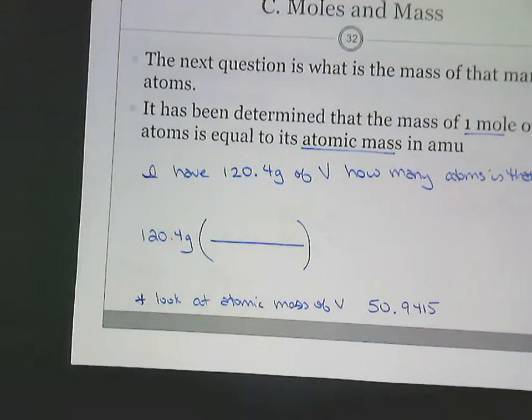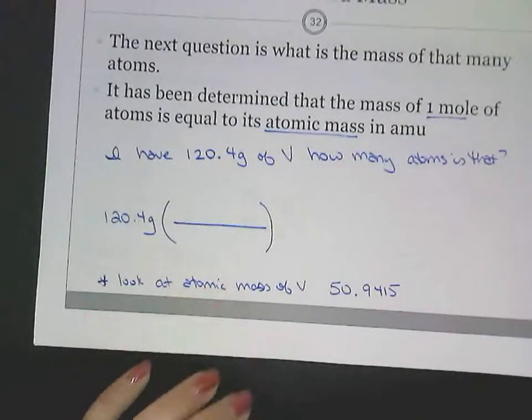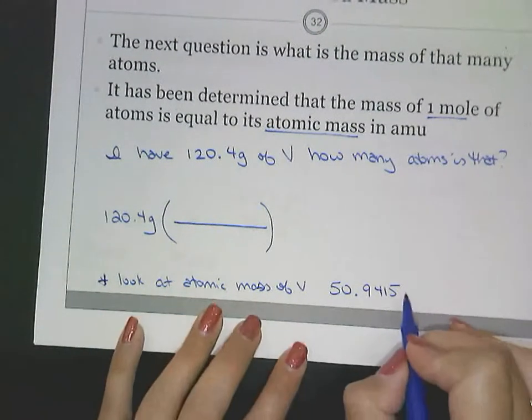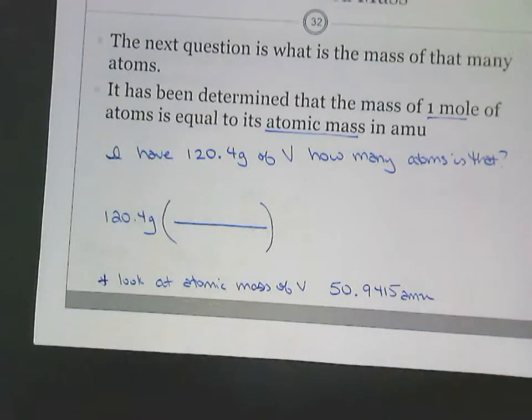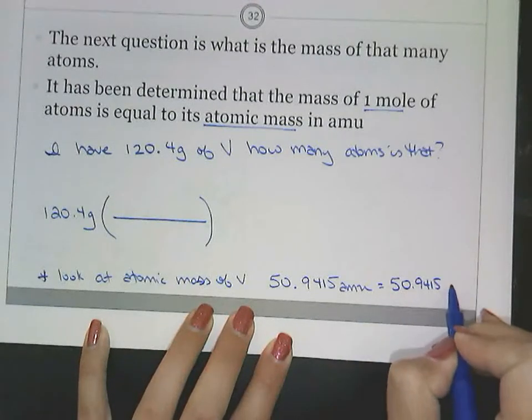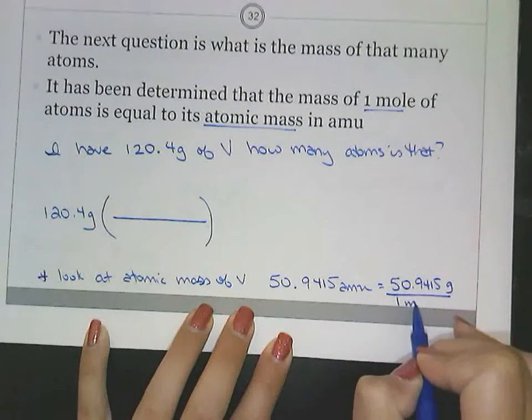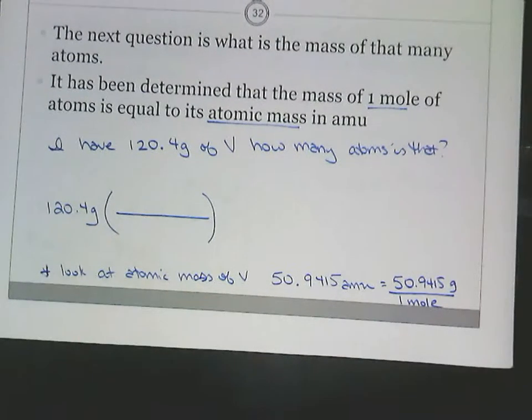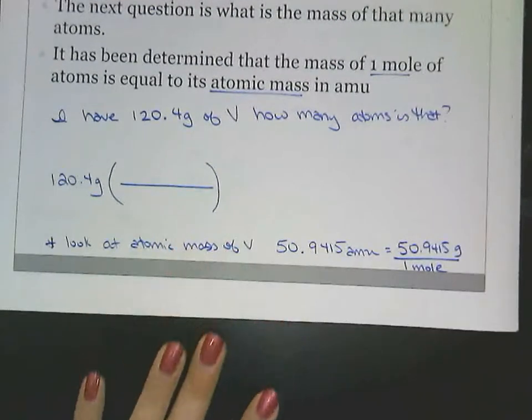And we've been talking about that in terms of AMUs. That is correct. But we can also call it grams per 1 mole. Those units are interchangeable. Atomic mass units really means grams of vanadium per 1 mole of vanadium.